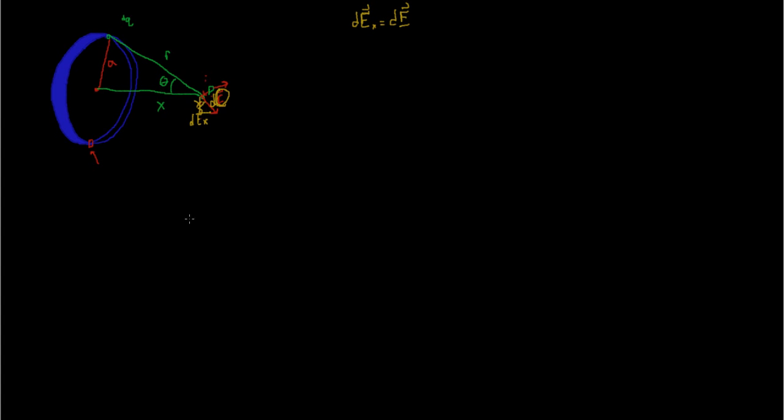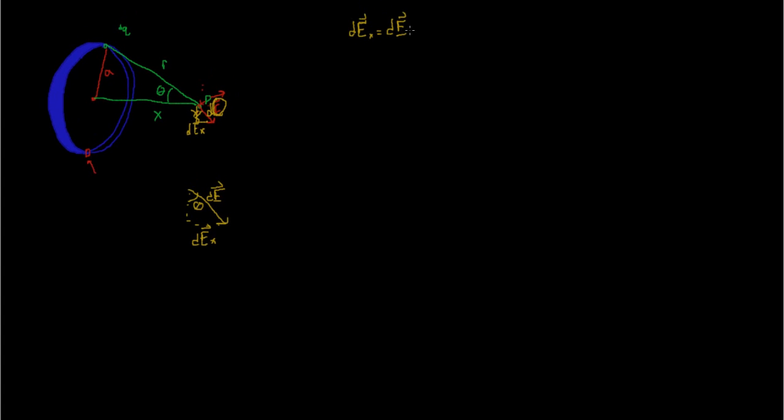The reason is, if this is our dE vector, and this is theta just from that triangle, and this is dEx, mathematically we can just convert dE to dEx with a cosine of theta.